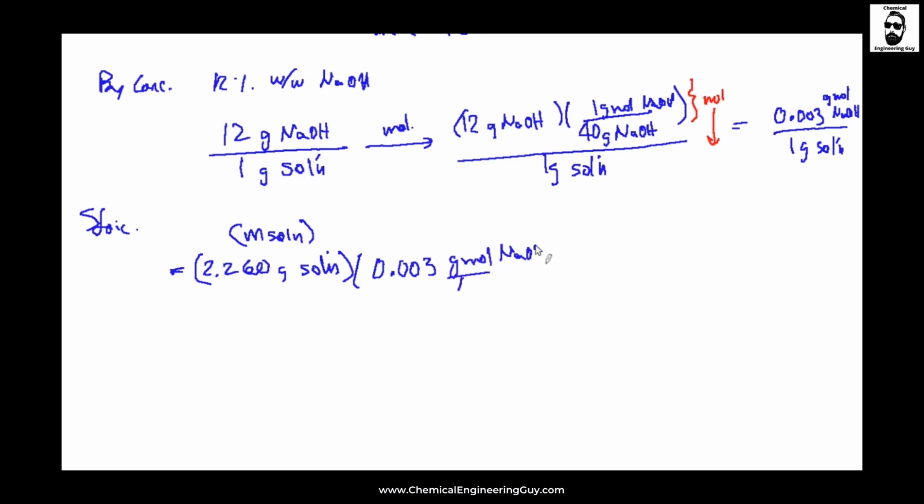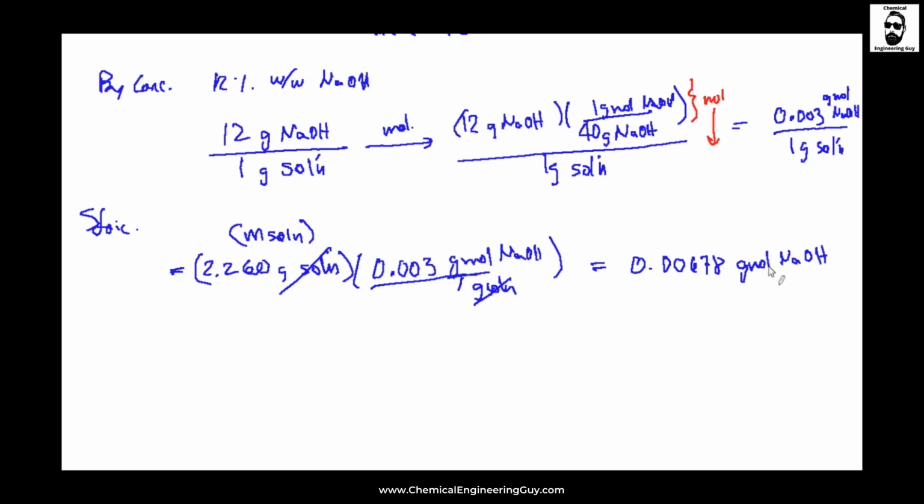We take out gram of solution and see how many gram moles we have. Let me check it. 2.26 times this, yes, you will get 0.00678 gram moles of NaOH in that solution.